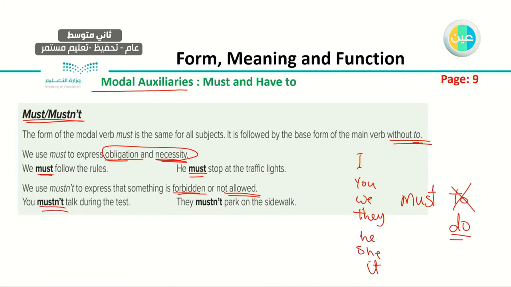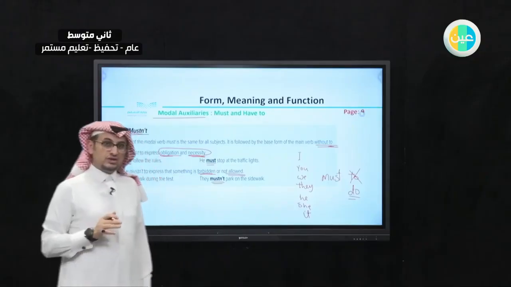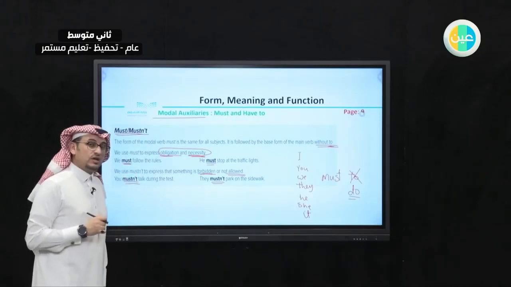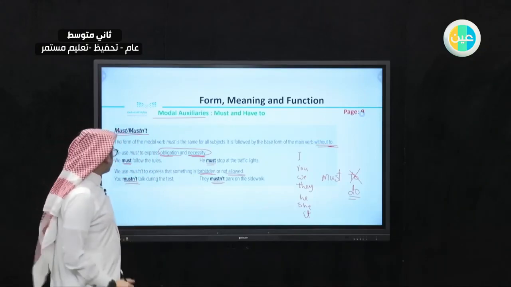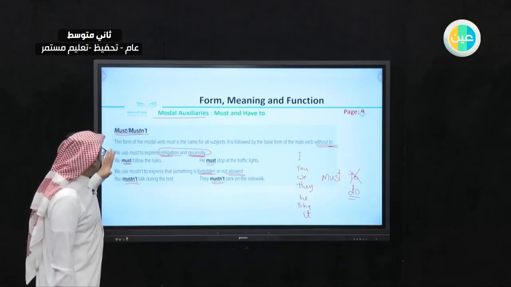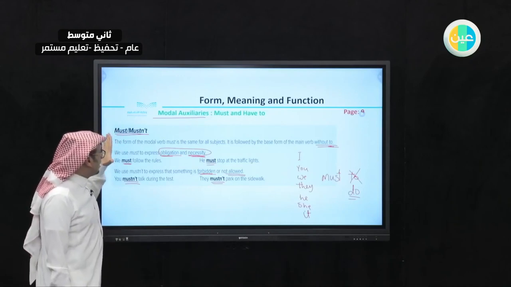It's forbidden or not allowed to talk during the test. They mustn't park on the sidewalk. It's prohibited, not allowed. It's forbidden to stop there. You will get a penalty. Okay, good. That's the use of must and mustn't.